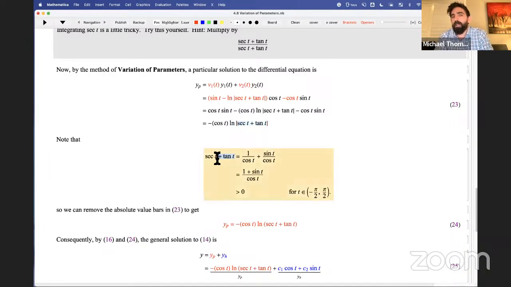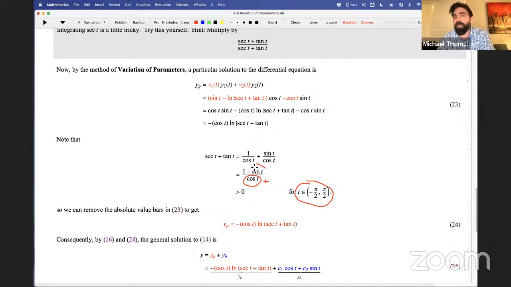So look, secant t plus tan t, we can write this way. We can combine this. They have the same denominator. And now look, on this interval, this guy is positive, right? Cosine t is positive on negative pi over 2 to pi over 2. Now, sine t is strictly between -1 and 1.